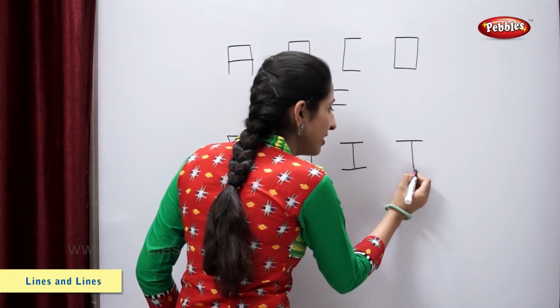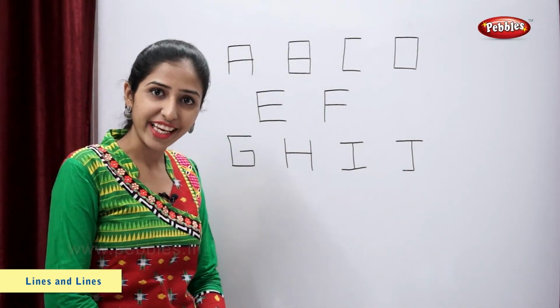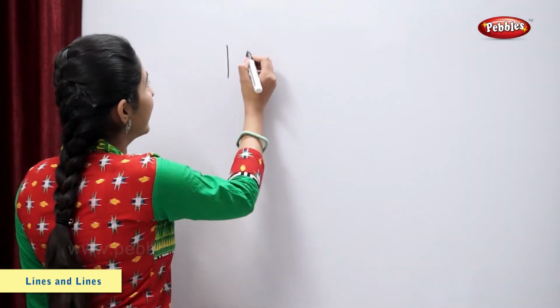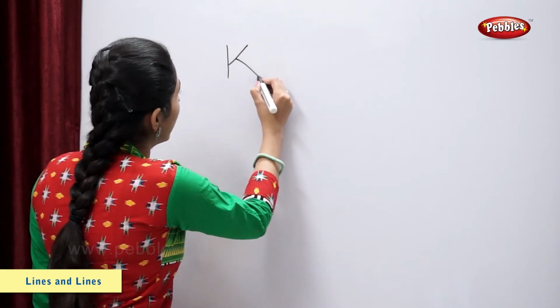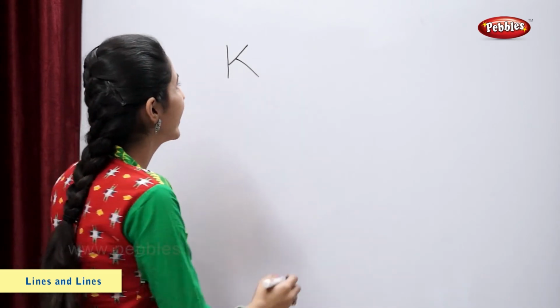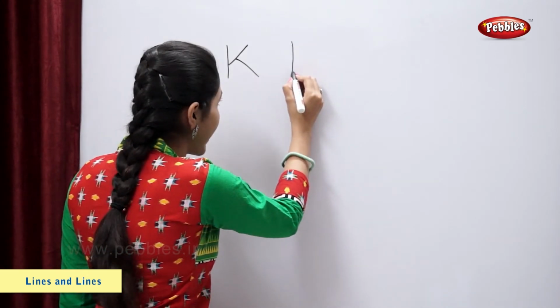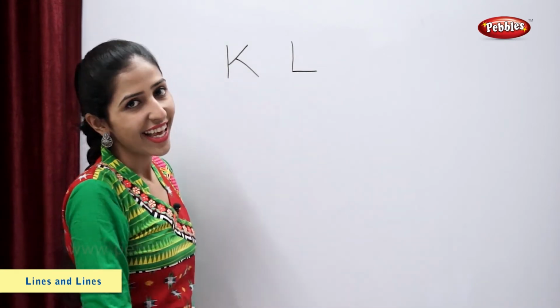Standing line. Sleeping line. Letter J. Standing line. A slanting line. A slanting line. Letter K. Standing line and sleeping line. Letter L.